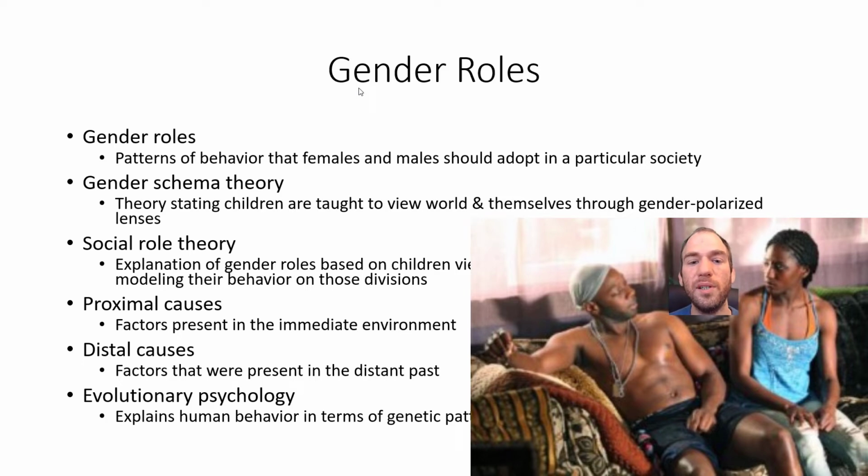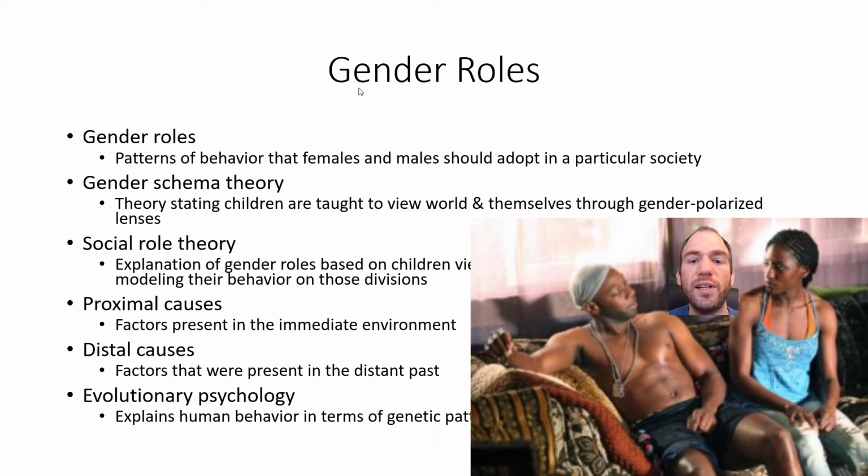One, gender schema, where children are taught to view the world and themselves through gender-polarized lenses, and through time, as children go through development and reach adulthood, that accumulation of expectations and beliefs about how different genders should act based on the world around them, they will internalize those beliefs and then act accordingly throughout their lifespan.